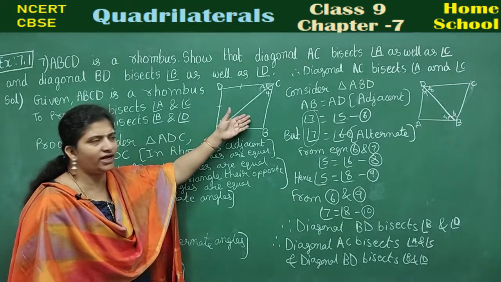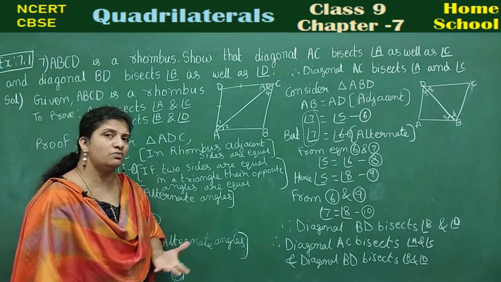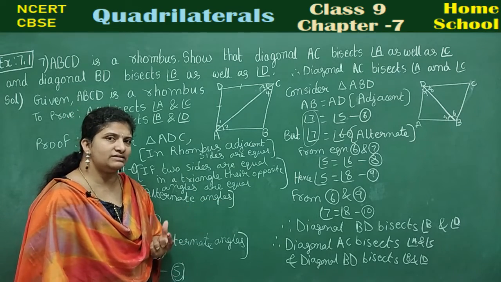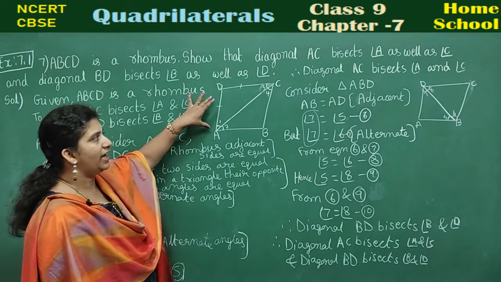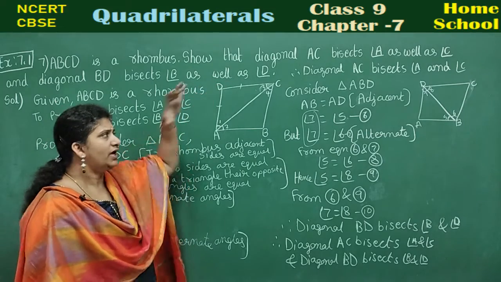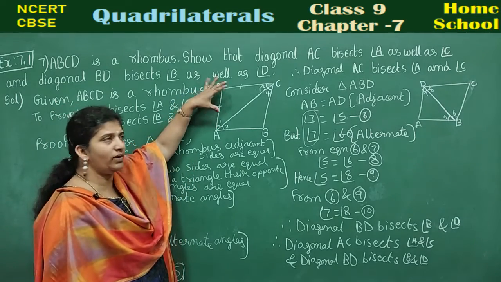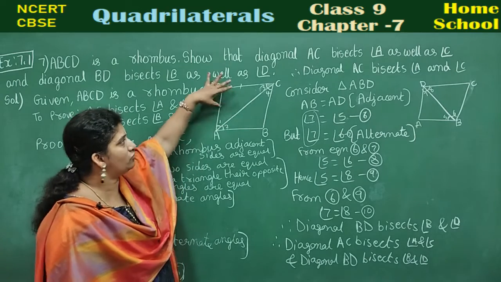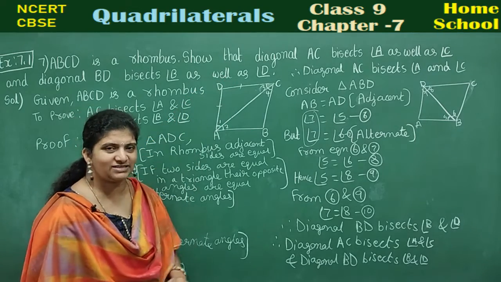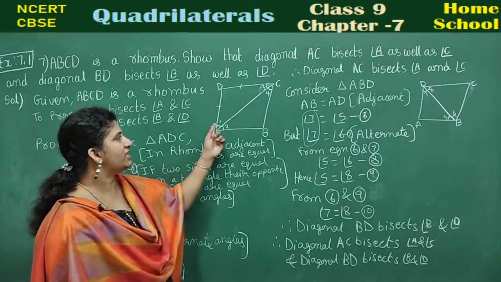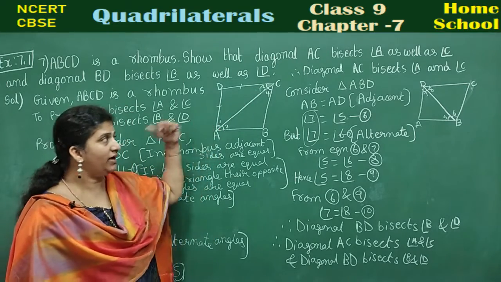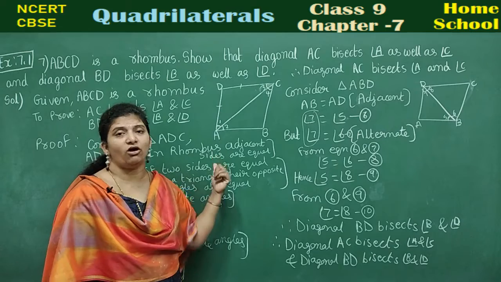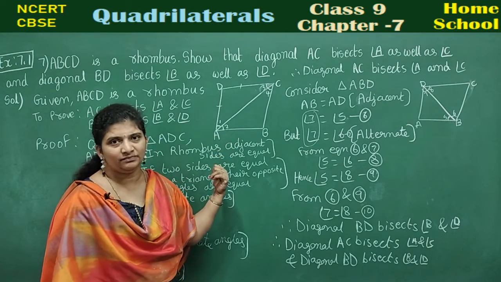Any one, children, you can take this also. In a rhombus, what do I remember? The adjacent sides are equal. AD equal to DC. If these two sides are equal in a triangle, I remember isosceles triangle. If two sides are equal, their opposite angles are equal. If these two angles are equal, immediately I remember these angles are alternate to one more angle.